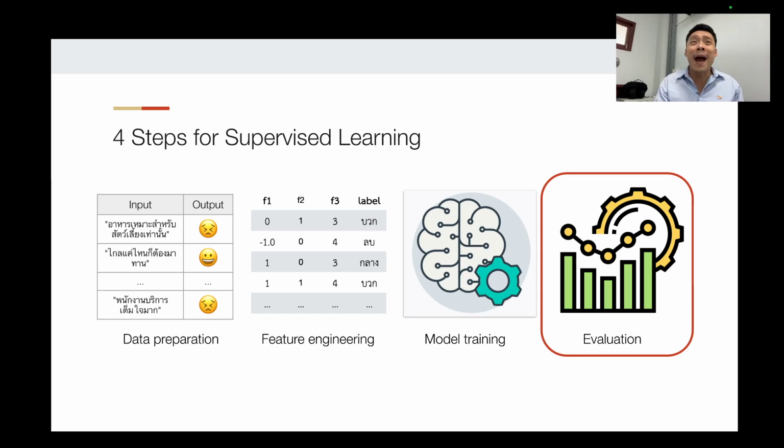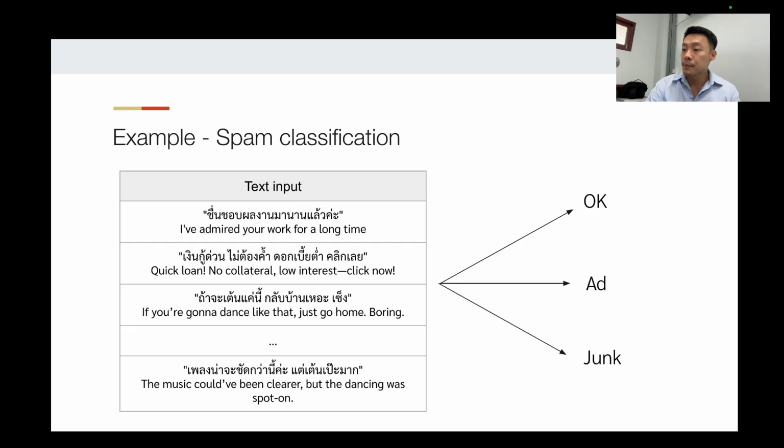Usually, all you get back from training the model is the model parameters, which you will never look at, because it's just a bunch of numbers. You cannot make sense of it. Evaluation makes you understand your model, what it's good at, and whether it's ready for production or needs more training data.